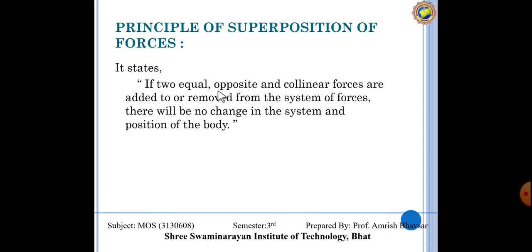If two equal, opposite and collinear forces are added to or removed from the system, then there will be no change in the system. That is called superposition of forces.